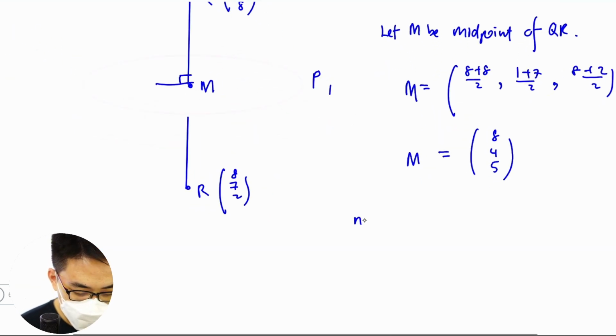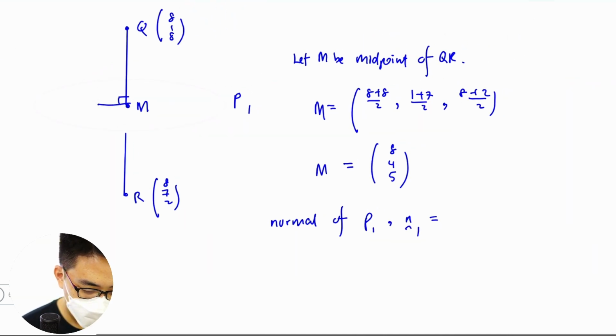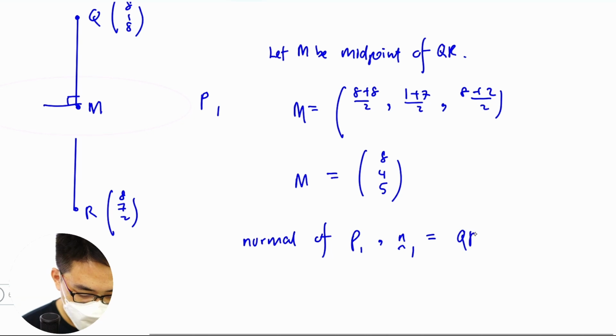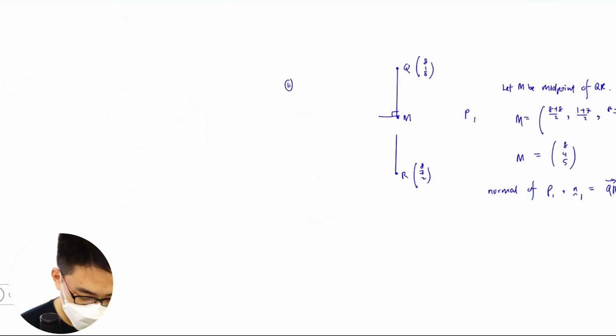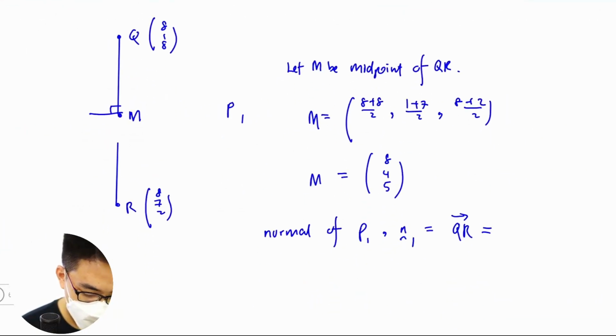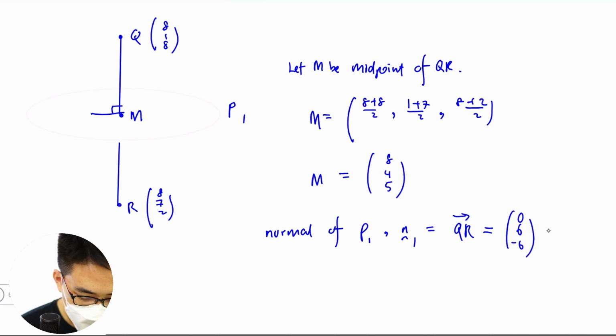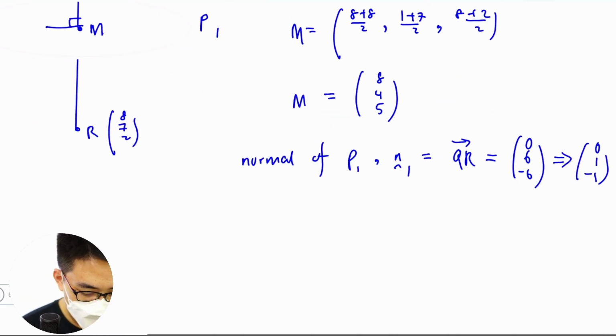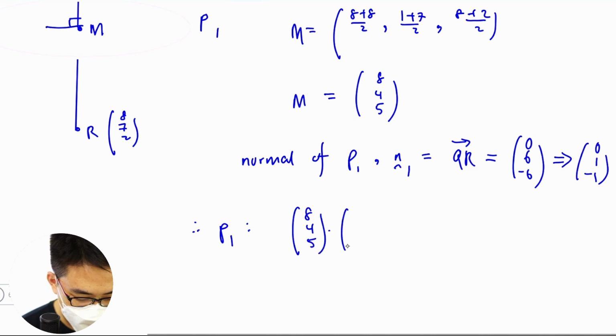The normal of P1 would just be QR, which we found just now: (0, 6, -6), or (0, 1, -1). Hence P1, just use (8, 4, 5) because this is a point.